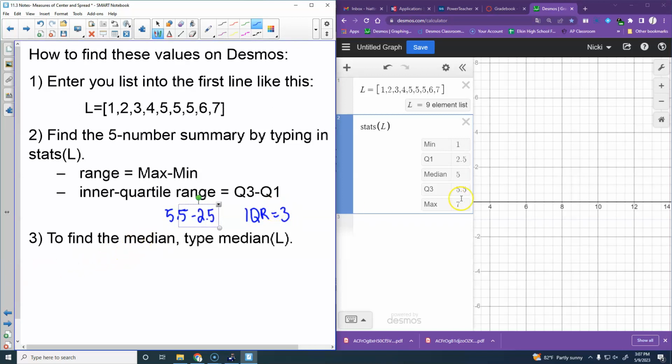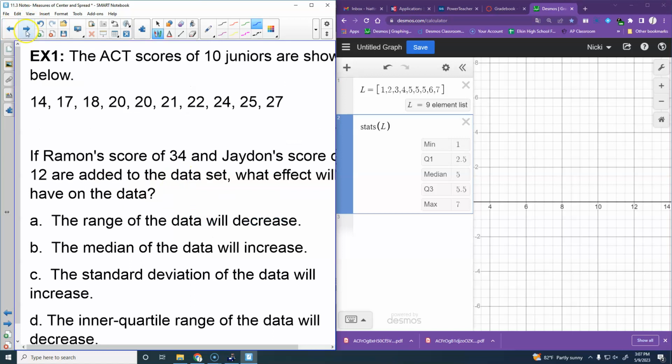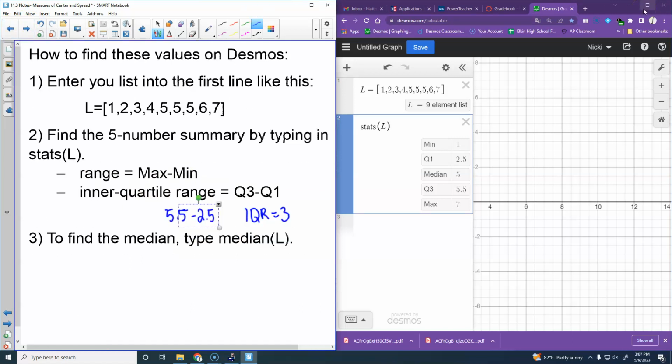Okay? Median, I don't know why I put that there for median. Range is just going to be the maximum minus the minimum. I think I meant to put standard deviation there, and I didn't. That's what happened. Okay, we need to fix this. Fix this on your notes real quick: standard deviation.